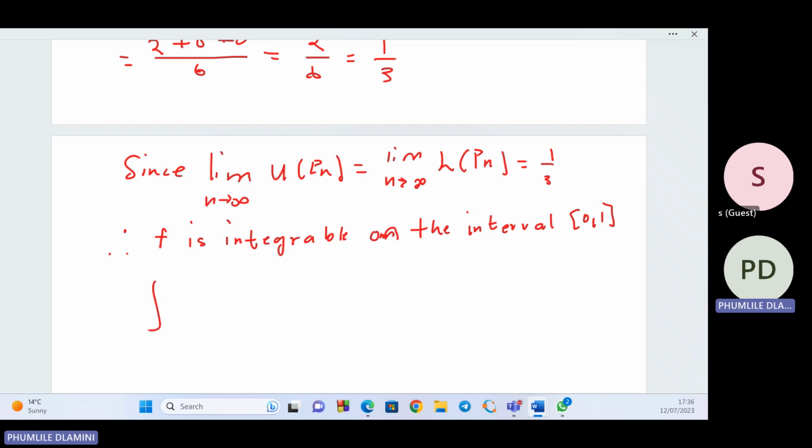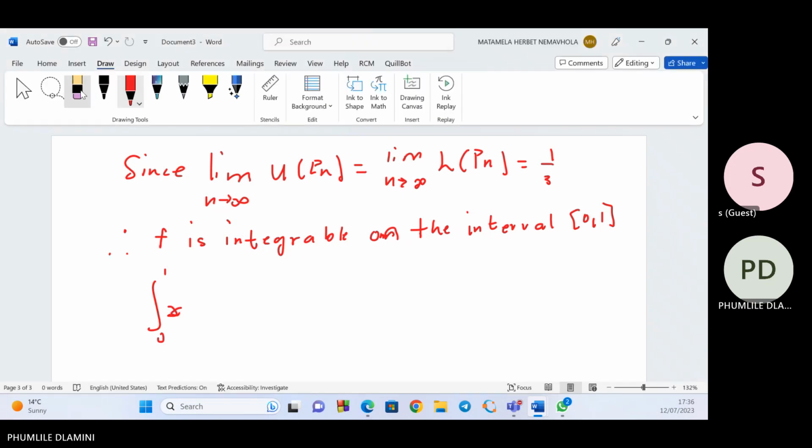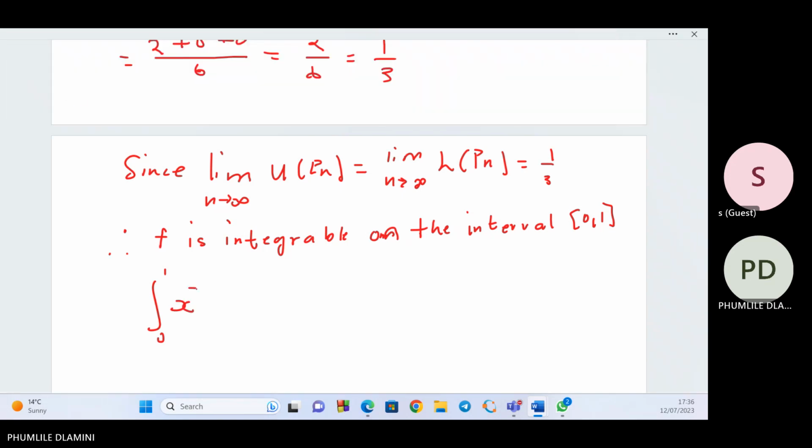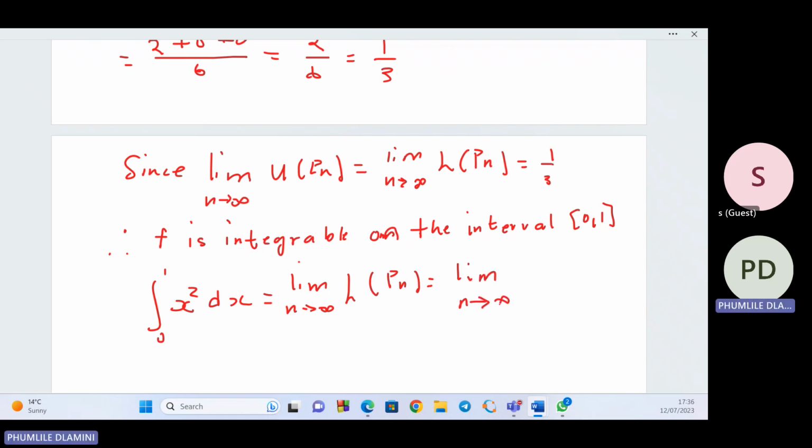So the integral from 0 to 1 of x squared dx is equal to the limit when n approaches infinity of L of Pn, which is equal to the limit when n approaches infinity of U of Pn, which is equal to 1 over 3.